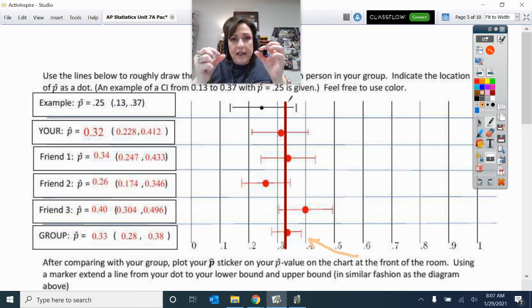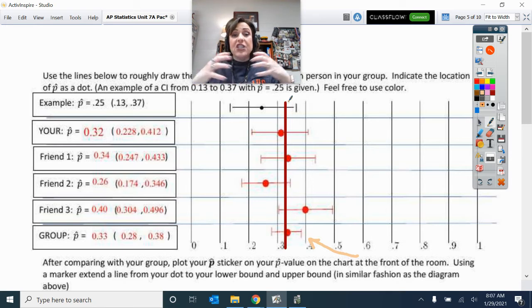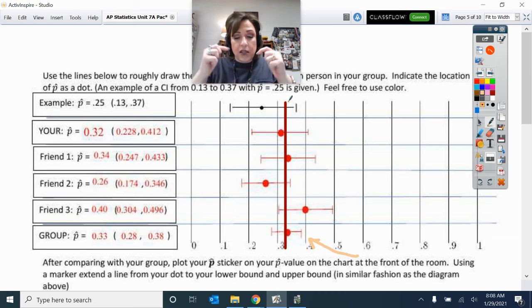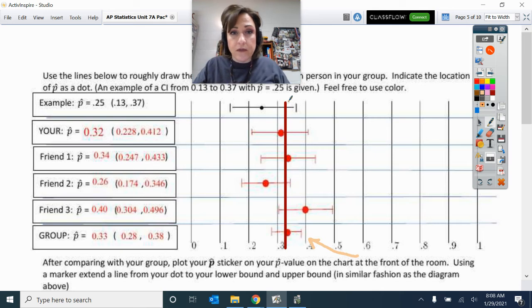It's not about if the population made it into your interval. It's about, did your interval capture the population amount? Okay, I'm going to say that again because that is very tricky. It's not about the probability or the chance that this line lands in your interval.